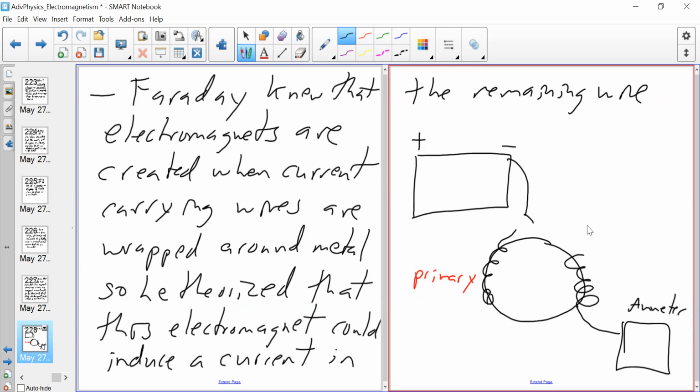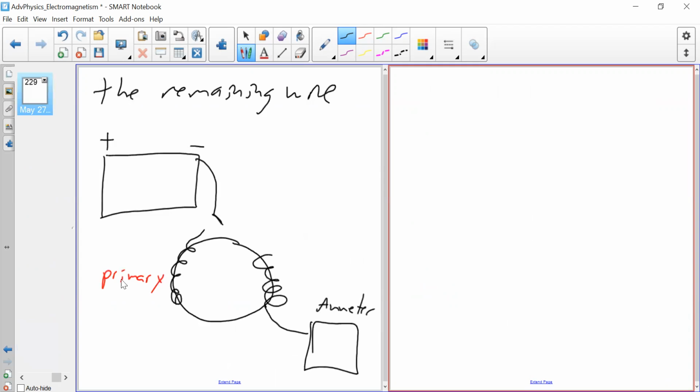So what he observed is, here's our open switch. The first time that he performed the experiment, he closed the switch here, and you notice a current reading in the ammeter, but then it goes to 0. That's pretty odd. When he first connected the primary coil, he observed something amazing.